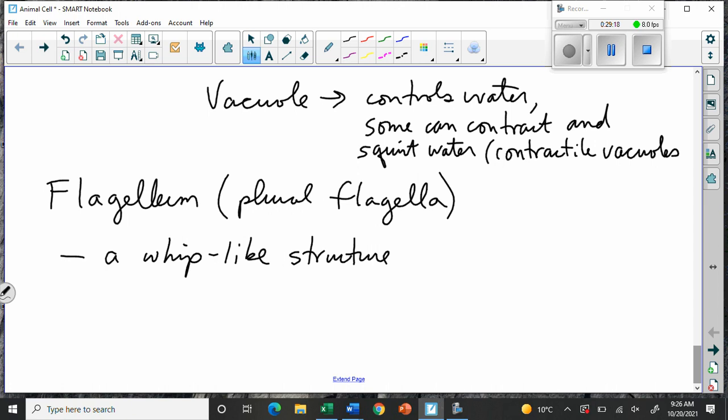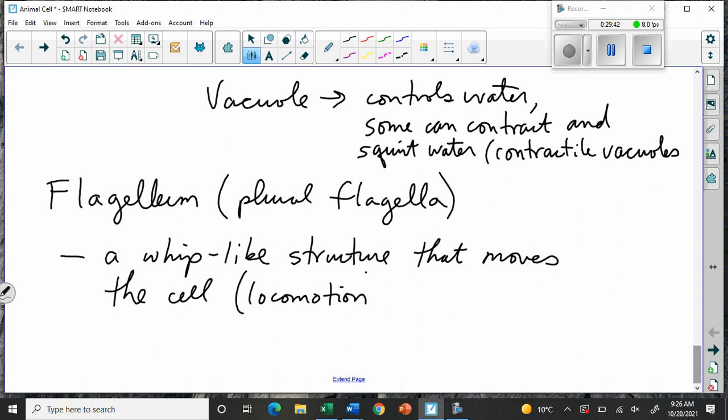And what it can do is it can spiral around like a little propeller, or it can reach out and sort of pull things through the water. And so a whip-like structure that moves the cell from place to place. So locomotion, that's what it does, moves the cell around.